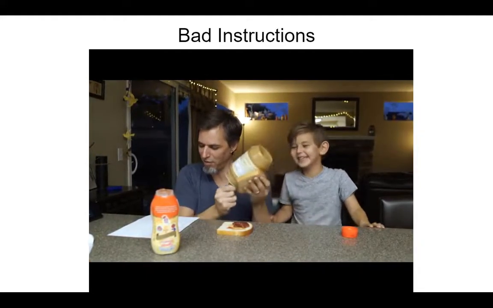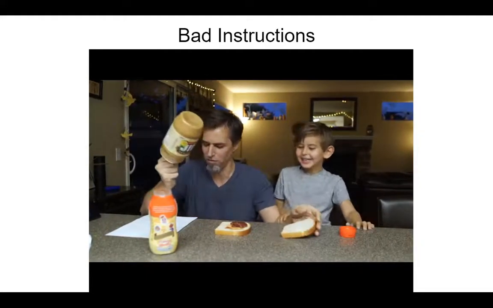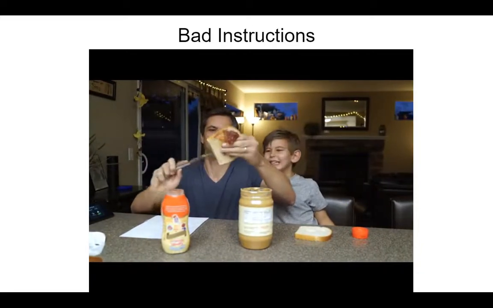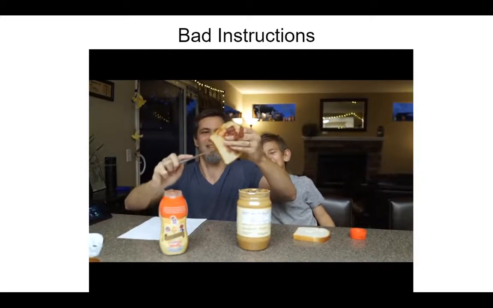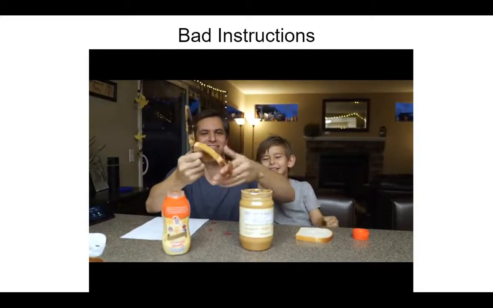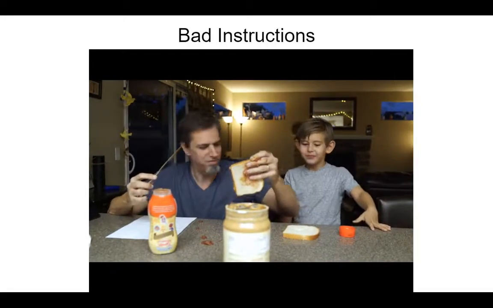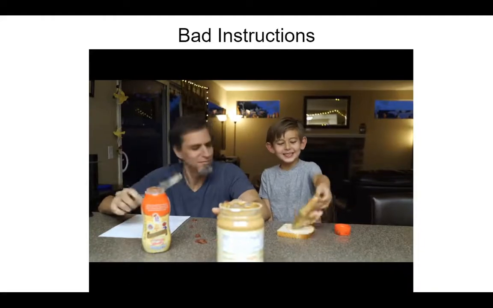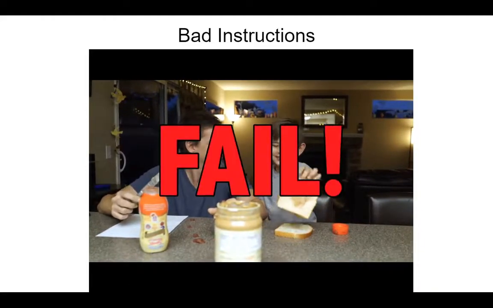Take the butter knife, rub the jelly all over the piece of bread. Oh, he's doing better. It says all over. Put the 2 pieces on top of each other. This isn't how I meant.